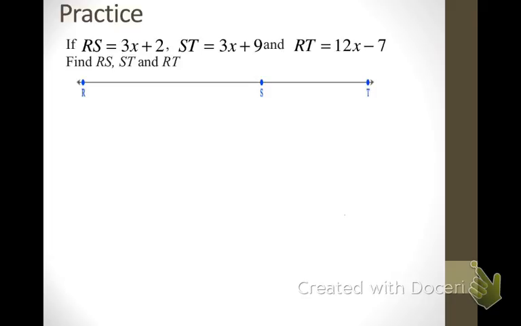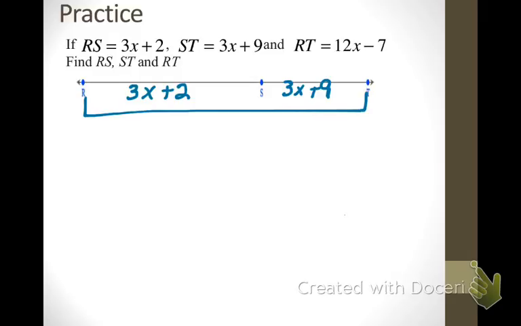Here is another example. I've got line segment RT with an S in the middle, and I know that the length of line segment RS is 3x plus 2. We're going to kick it up a notch here. And that the length of line segment ST is 3x plus 9. And the length of the entire line segment is 12x minus 7. Again, I know that the whole line segment has to equal the two parts added together.